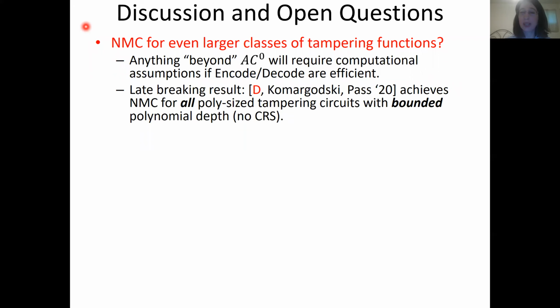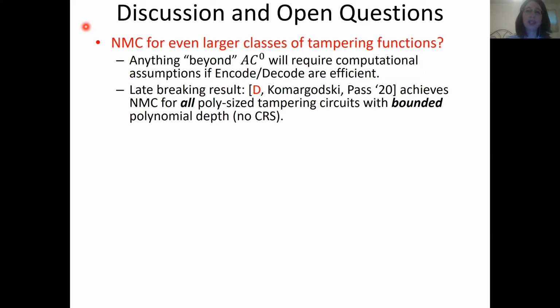And I also just wanted to mention a late breaking result, which was just submitted to ePrint. It's either already there or will be live in a few days, which is together with Ilan Komargodski and Rafael Pass.